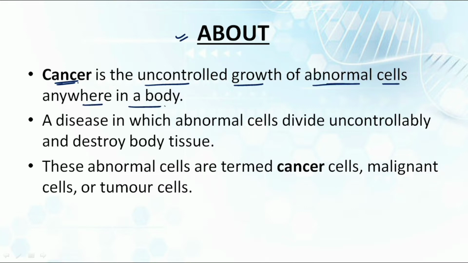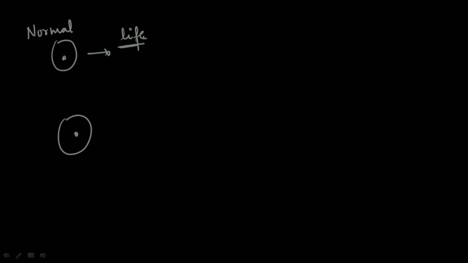That means, let's consider this is a cell. Let's take an example, and let's consider two conditions. The first condition is that we have a normal cell. This is a normal cell and this is a cancerous cell, let's say. In case of a normal cell, every cell has a specific lifespan. That is, they have a particular time period for which they would be alive and complete their function.